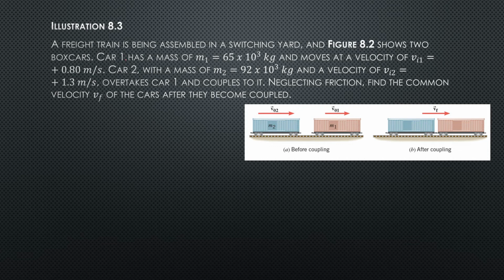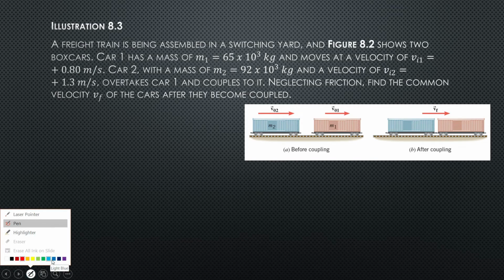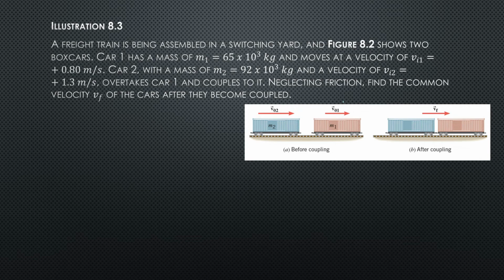Car 1 has a mass of 65 times 10 to the 3 kilograms and moves at a velocity of positive 8.8 meters per second.